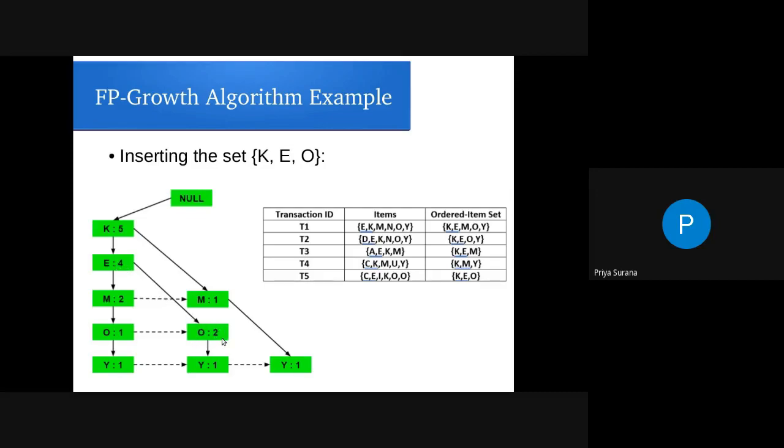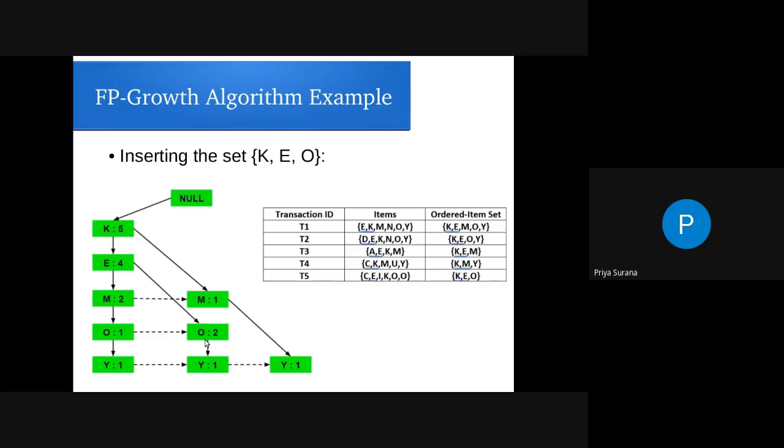It is going to increment by 1, so it will become 2. So support count for O will be 2 here. Okay. So here simply the support count of respective elements are increased. Note that the support count of the new node of atom O is also increased. Prior to this it was 1 and now for O the support count is 2.